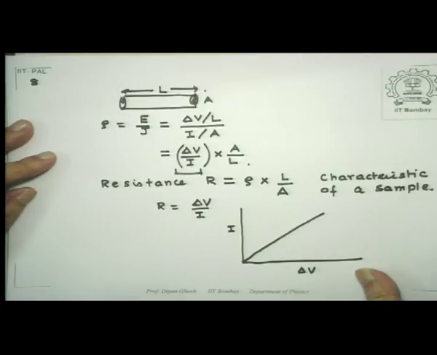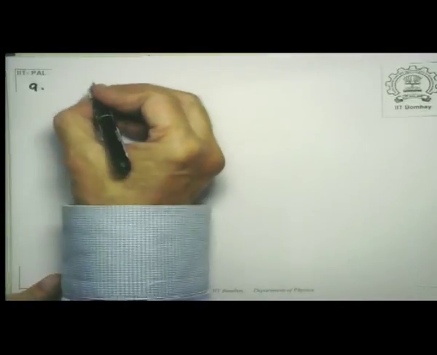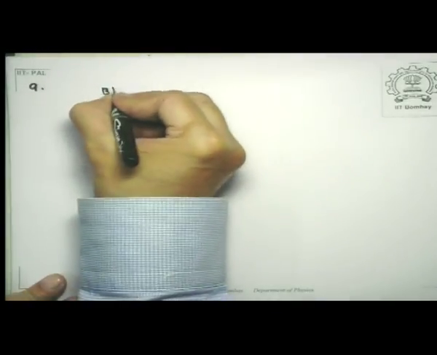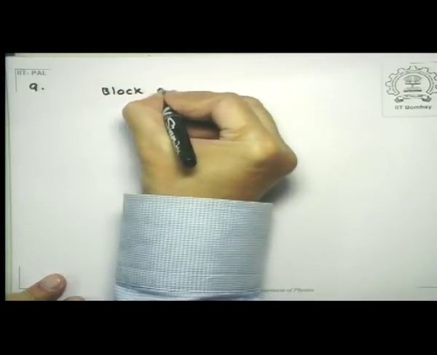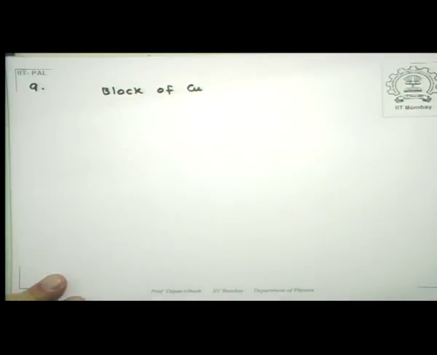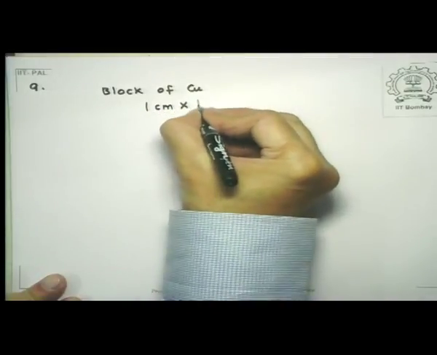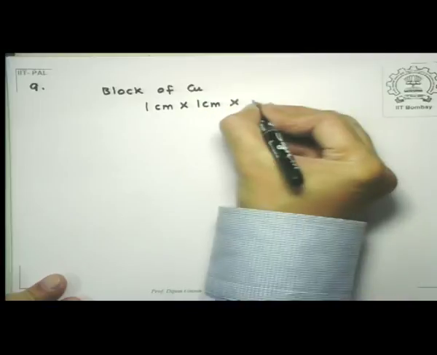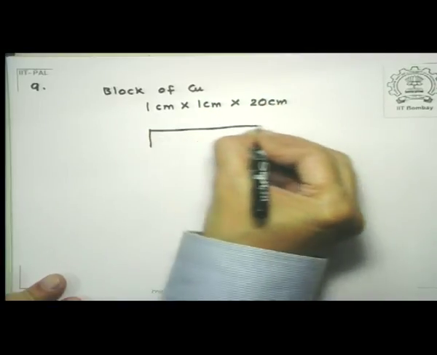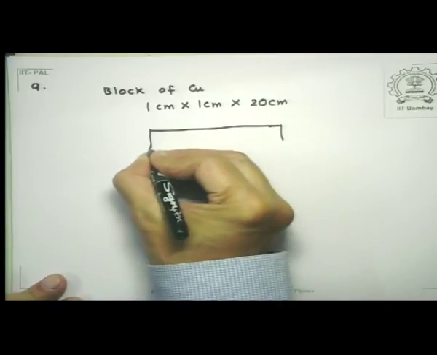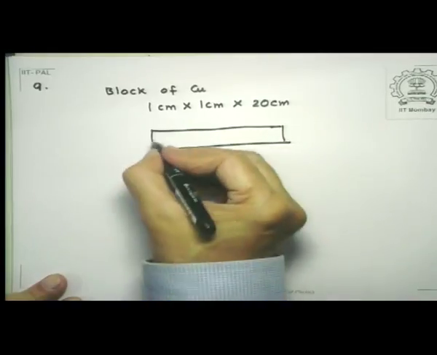So, let me give you an illustration or an example to calculate the resistance of a sample. Let me take a block of copper. Suppose it has a dimension of 1 centimeter by 1 centimeter by 20 centimeter. Let me try to draw it, not to scale obviously, because length should be 20 times as much.